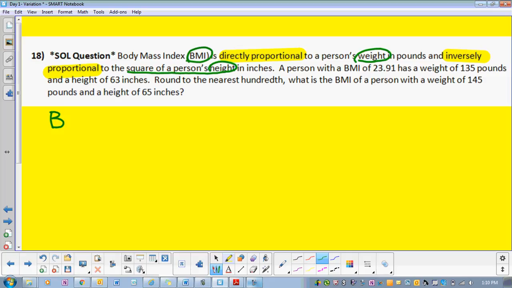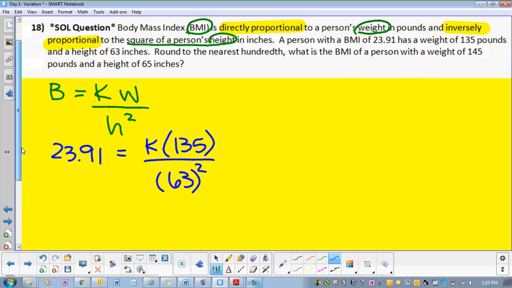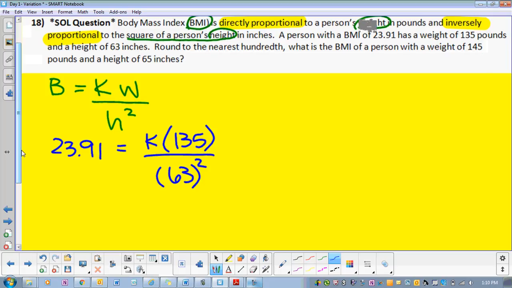All right, so I'll say B equals K, directly proportional to the weight and inversely proportional to height squared. Did you get this? Yes. Okay, all right, good. So a person with a BMI of 23.91 has a weight of 135 and a height of 63. Round to the nearest hundredth. What is the BMI of a person?